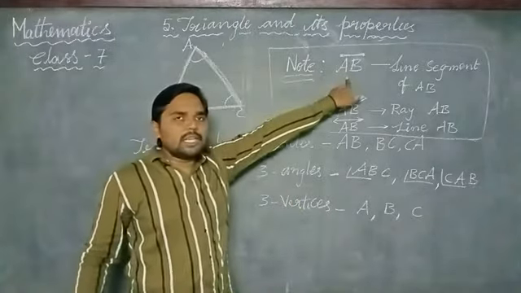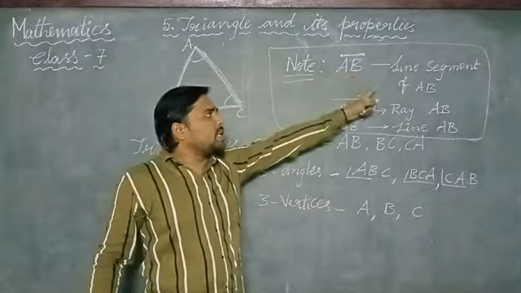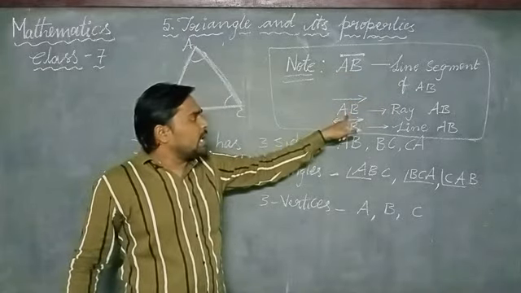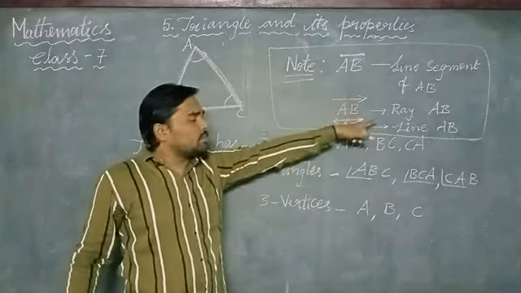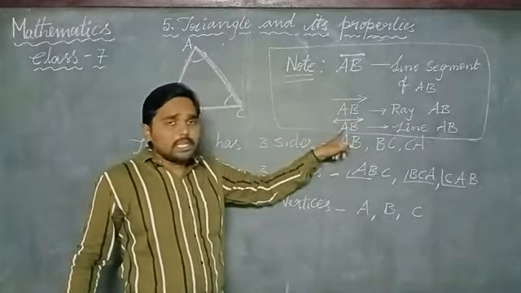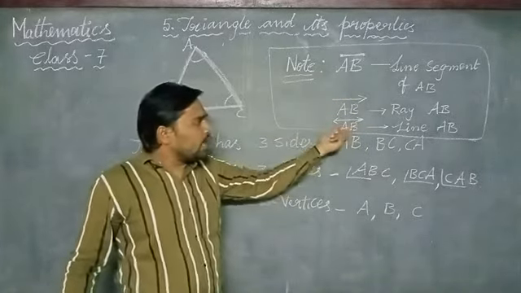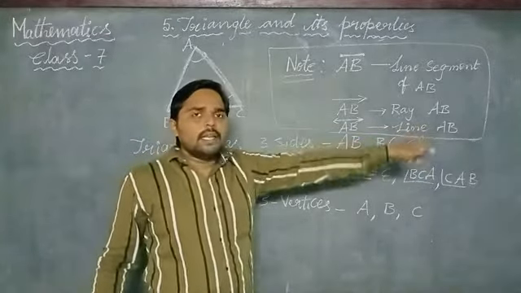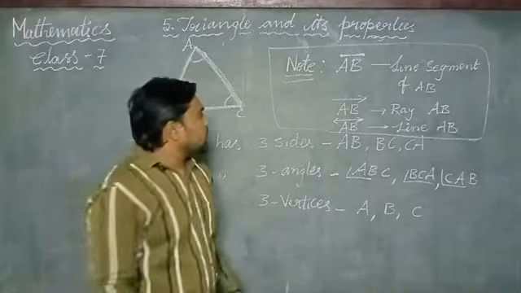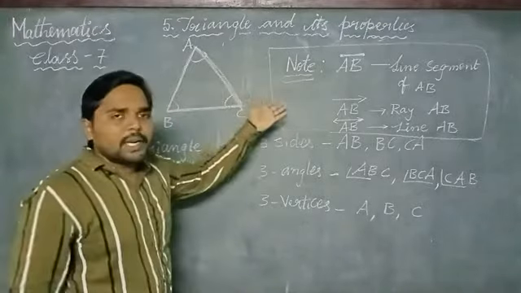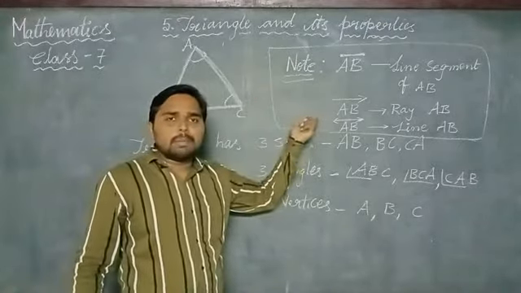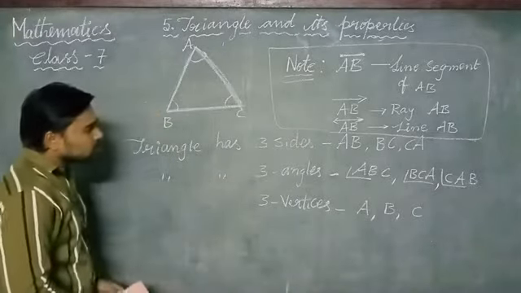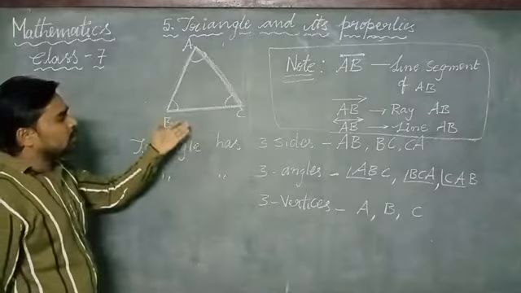If you see this type of notation, it means line segment of AB, and if you see this one, ray of AB. If you see this notation in this chapter, it is representing the line AB. These are the important notations we should remember till the end of the chapter. Okay, this is about the triangle.